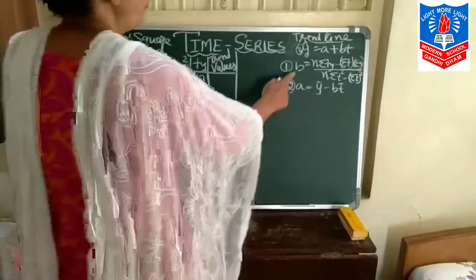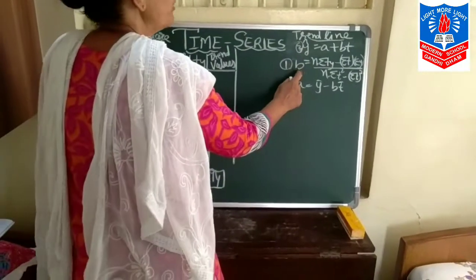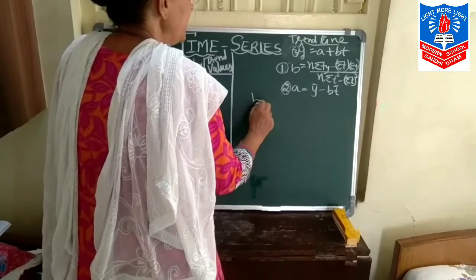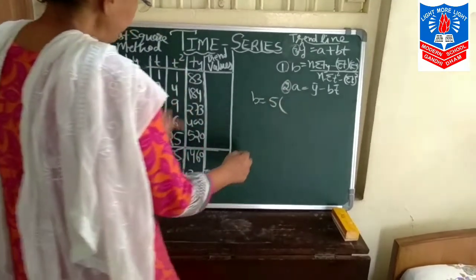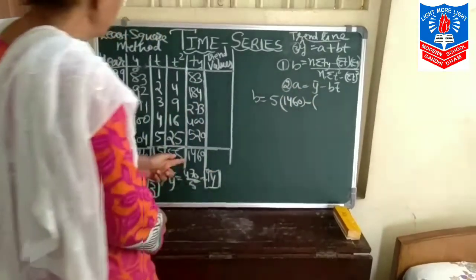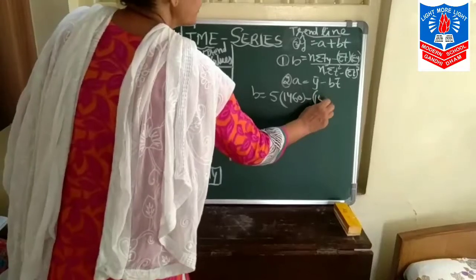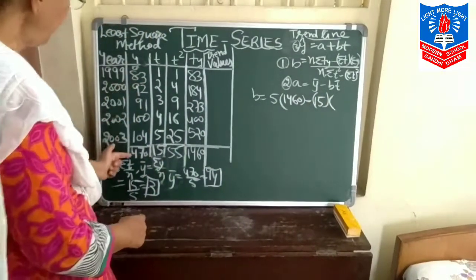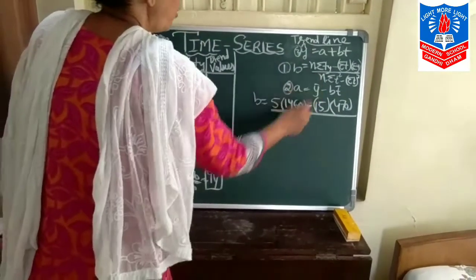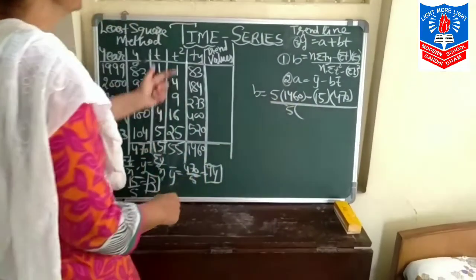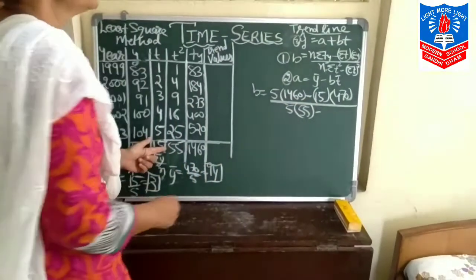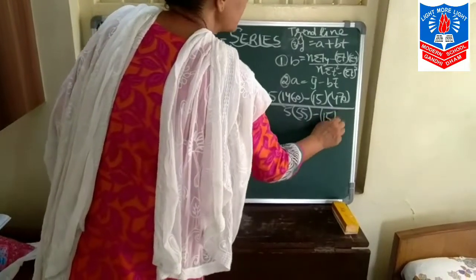Now let us go for how we find b. Now the formula for b is n sigma ty minus sigma t into sigma y upon n sigma t square minus sigma t whole square. Here n is 5, sigma ty is 1460, minus sigma t, that is 15, into sigma y, that is 470, upon n again 5, sigma t square, that is 55, minus sigma t whole square.